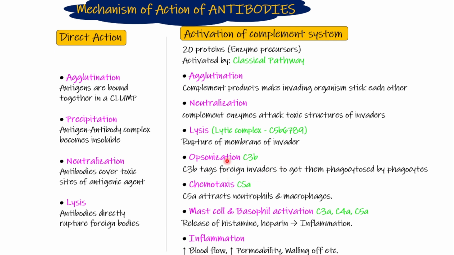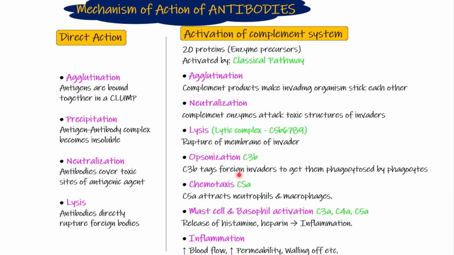C3b tags the foreign invaders. Now, what is the significance of this tagging? Whenever any foreign body is tagged by C3b, then the phagocytes will easily identify this foreign invader as the one to be engulfed and eaten up.